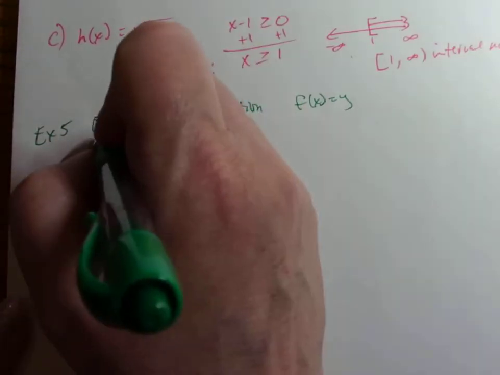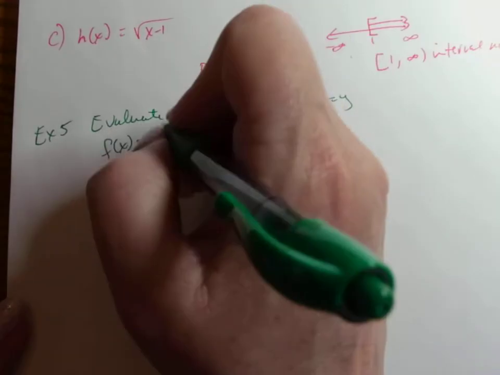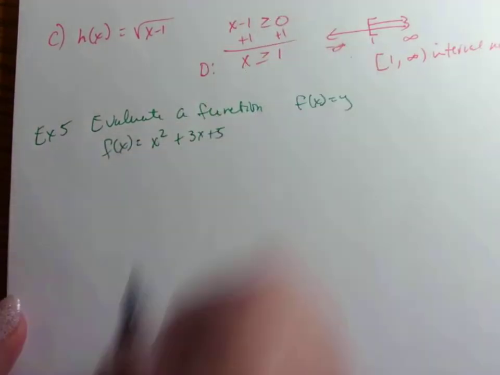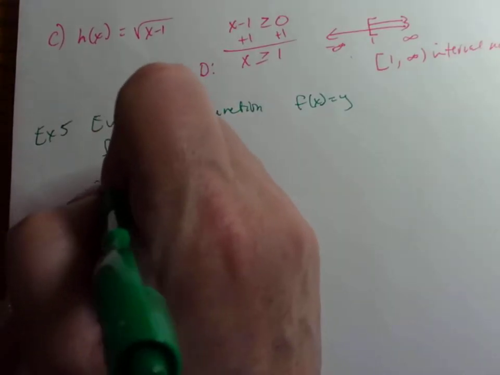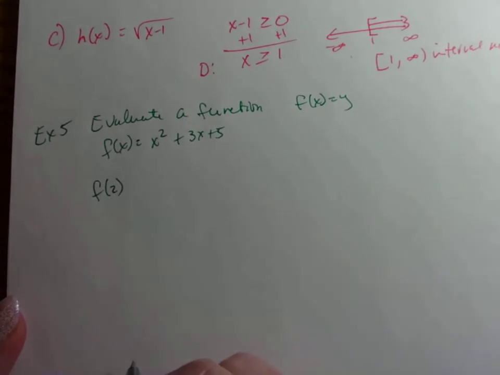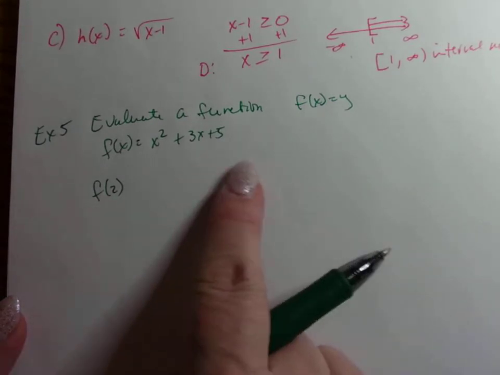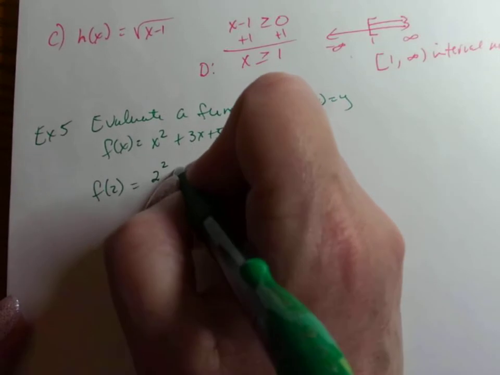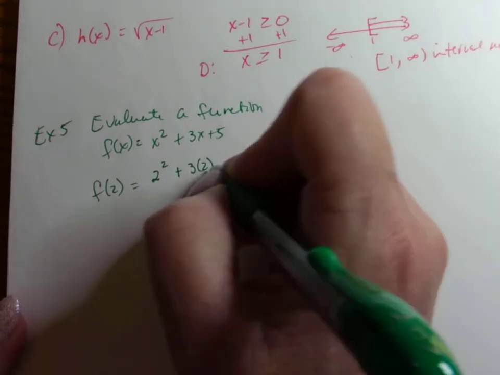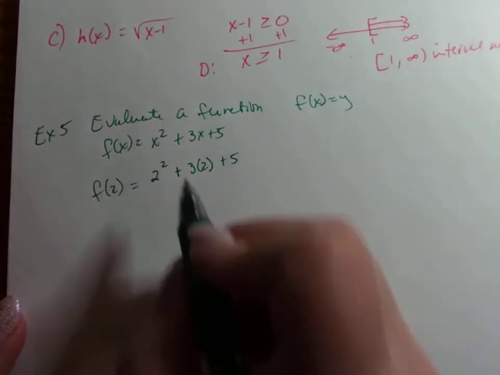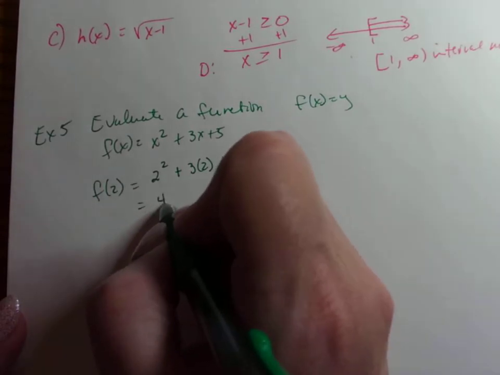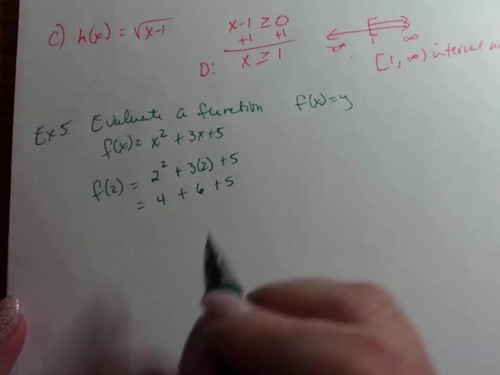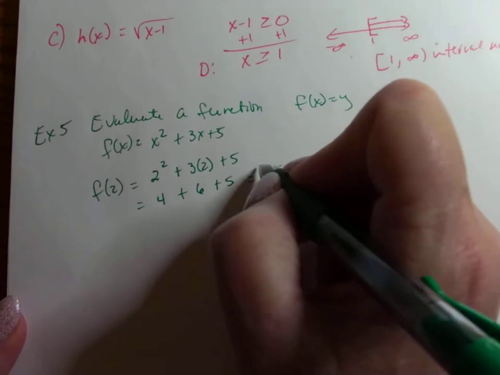So if we have a function f of x equals x squared plus 3x plus 5, we want to find f at 2. So f at 2 means we're going to plug in a 2 for each x. So 2 squared plus 3 times 2 plus 5. 2 squared is 4. 3 times 2 is 6, plus our 5. When we add that all together, we get 15.